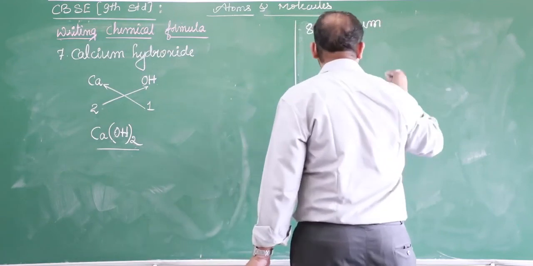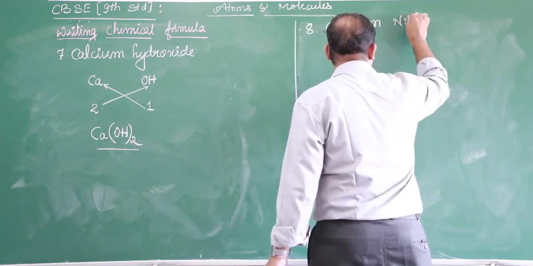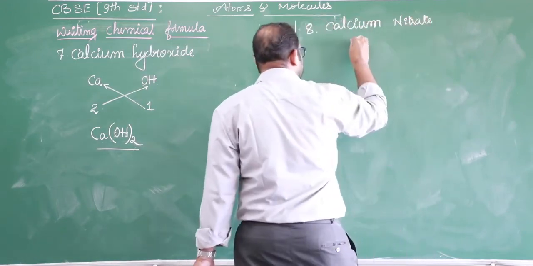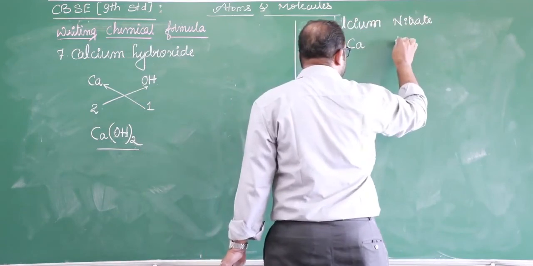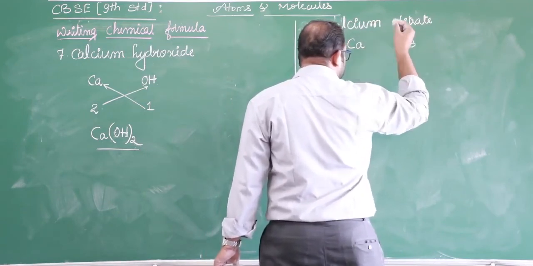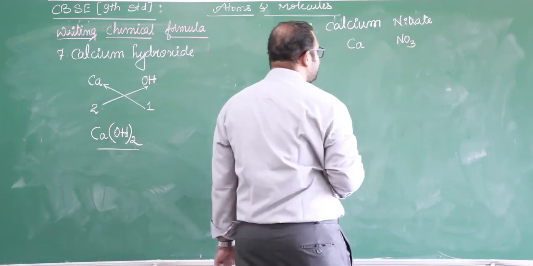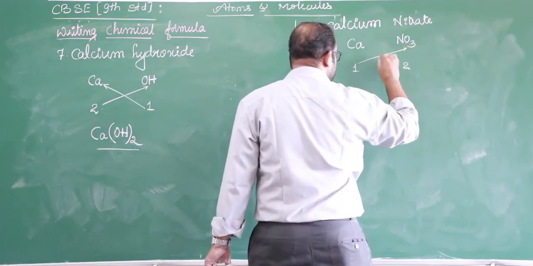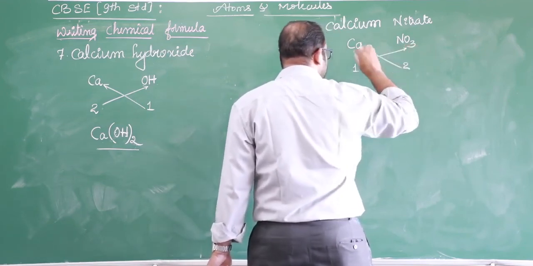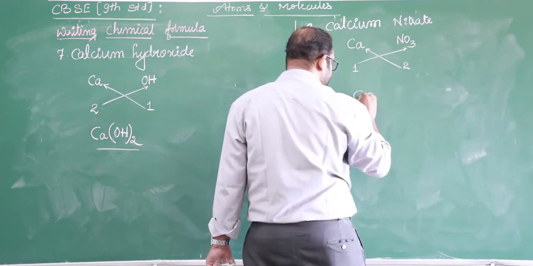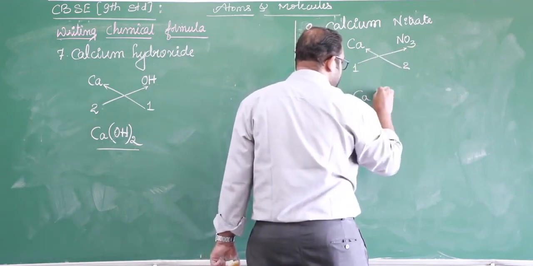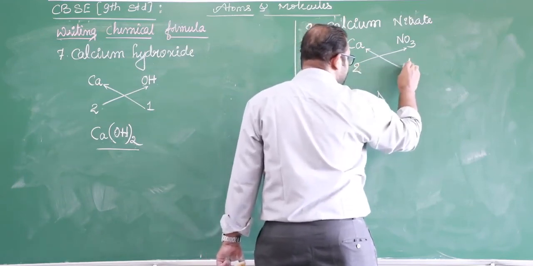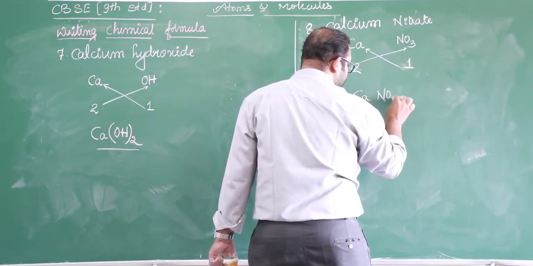Calcium nitrate. Say calcium symbol is Ca, nitrate is NO3, and the valence of calcium is 2 and nitrate is 1. So crossing the valencies, we get calcium 2, nitrate 1, NO3.